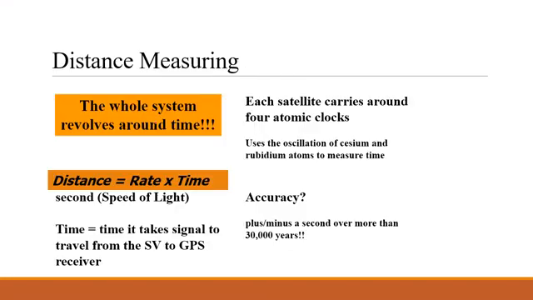Distance measuring is also covered in this GPS system, as the whole system revolves around time. Distance is equal to rate multiplied by time, that is, S equals V T. If you want to measure a distance, this formula may be used to find the distance of any point. V is the speed and time is, as you know, time.